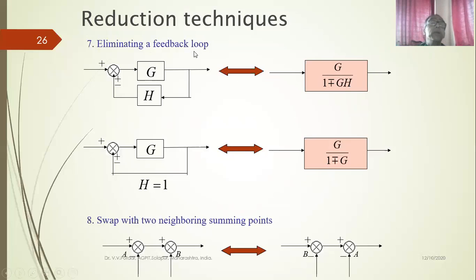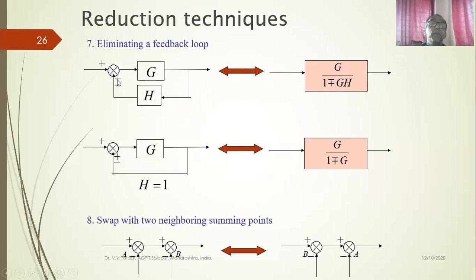Okay, eliminating feedback loop. This we already discussed. The canonical form of this feedback loop. I want to convert this into a single block. What I need to do? Two blocks are removed and a single block is placed. Forward block element G upon 1 minus or plus. Why minus or plus?